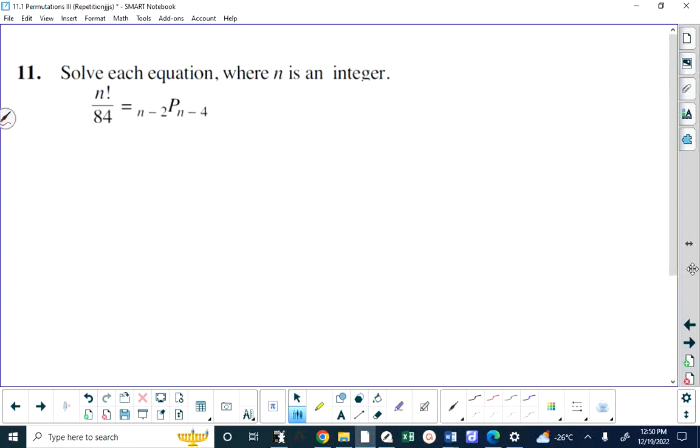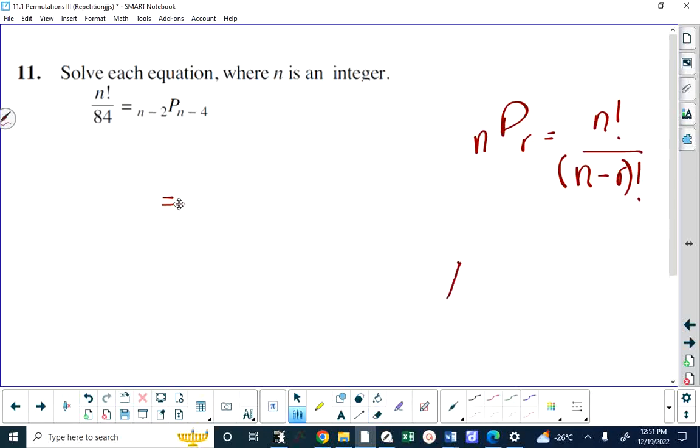Well, I'm going to explore using this formula, nPr equals n factorial over n minus r factorial. I'm going to explore what the right side becomes here, but because I have this n minus 2 and n here, I'm going to rewrite this. And I'm perfectly aware that many of you, maybe most of you, do not need to rewrite it this way.